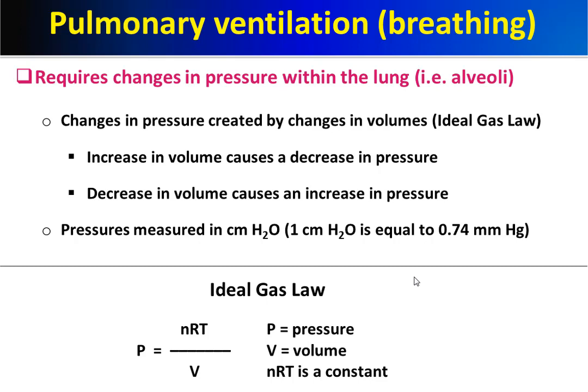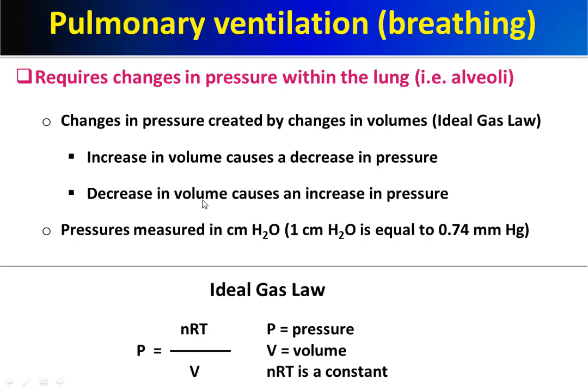There is a relationship between the volume and the pressure, and this relationship is explained by the ideal gas law, or by Boyle's law, which states that when the volume of a space increases, the pressure inside this space decreases, and the opposite is true.